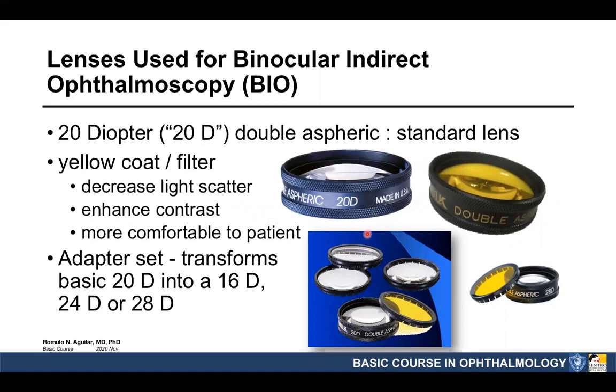There is an option of buying the lens with an adapter set. There are clip-ons. You can clip on a yellow filter, so it becomes a yellow colored lens, or you can clip on additional lenses to transform the 20D into a 16 diopter, a 24 diopter, or a 28 diopter lens.